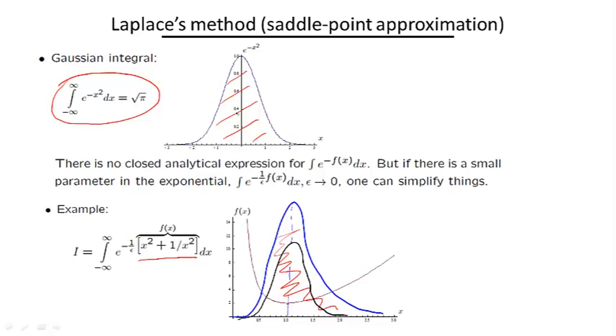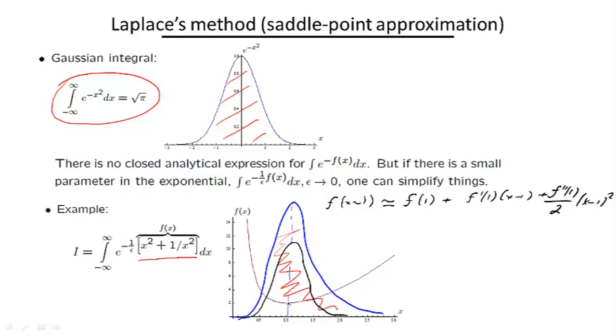The reason for that is that if I expand my function f of x in a Taylor series in the vicinity of this point, x equals 1, what I'm going to get is the first term, which is just the value of my function at x equal 1, plus f prime at 1 times x minus 1, plus f double prime divided by 2 times x minus 1 squared.